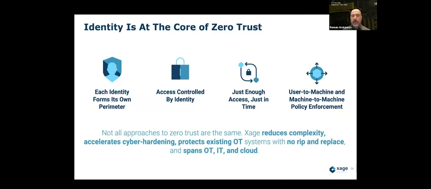Applying Zero Trust to the industrial world doesn't just mean controlling access north-south, but also controlling access east-west, user-to-machine access, as well as machine-to-machine access within the site, across sites, from external locations as well, comprehensively across multiple OT domains, IT, and cloud services as well.